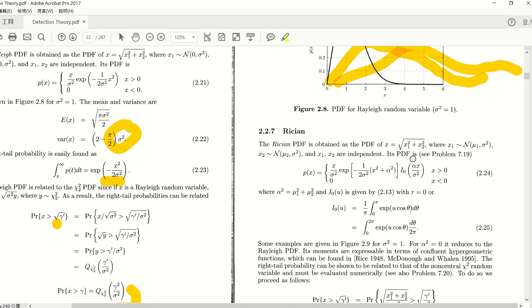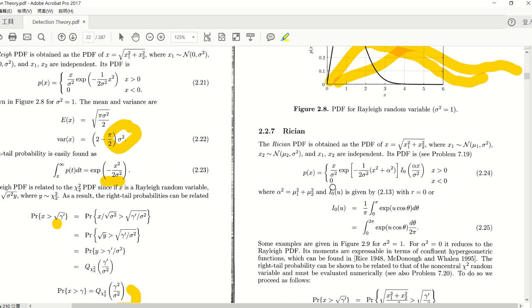So we take a look at the probability density function where p of x equals x divided by sigma squared, exp of square bracket minus 1 over 2 sigma squared parentheses x squared plus alpha squared, I0 parentheses alpha x divided by sigma squared, for x larger than 0, and for x smaller than 0 it's 0.